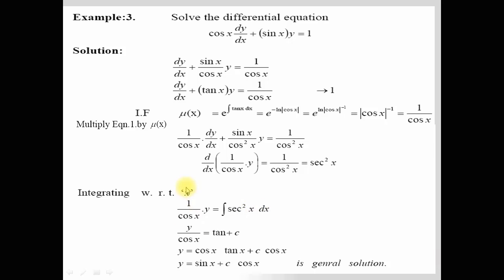The q function is 1 over cos, and the integral factor is also 1 over cos, so 1 over cos multiplying 1 over cos means 1 over cos square, and 1 over cos square means secant square. So the integration of secant square is easily equal to tan x plus c. So this is the solution of the given linear differential equation, and this is the end of this segment.